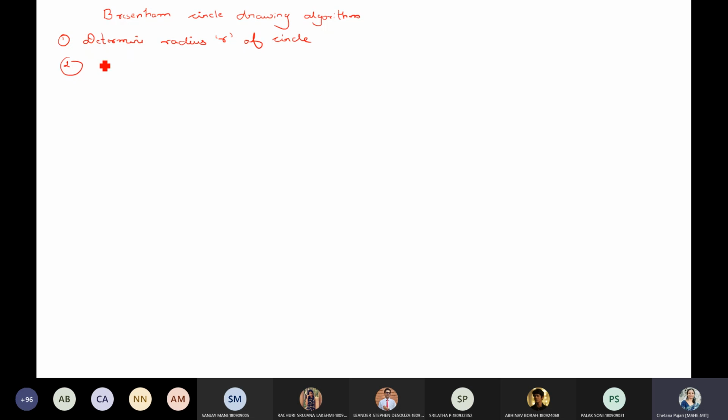Then you are going to make an assumption that the center of the circle lies at the origin. The same rules apply to your midpoint circle drawing algorithm as well.